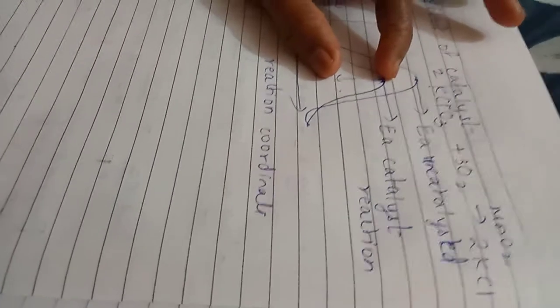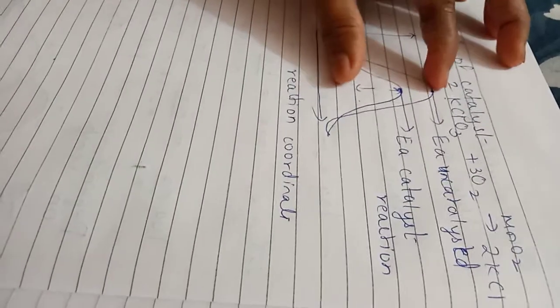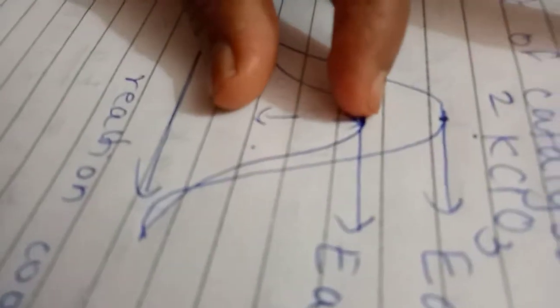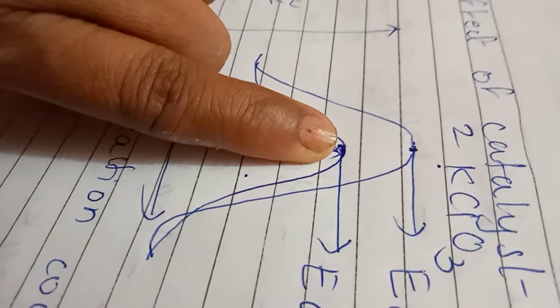That's it. The kinetic energy required by the molecules is very little, such that they get immediately converted into products. Look at this graph, this is the uncatalyzed reaction, and this graph is the catalyzed reaction, where the activation energy required is much lesser.